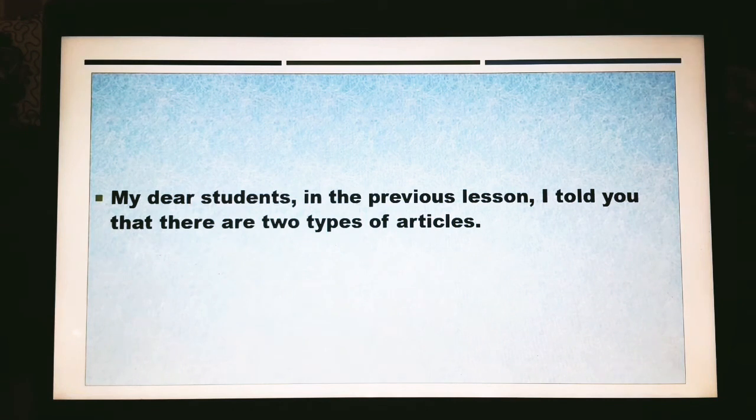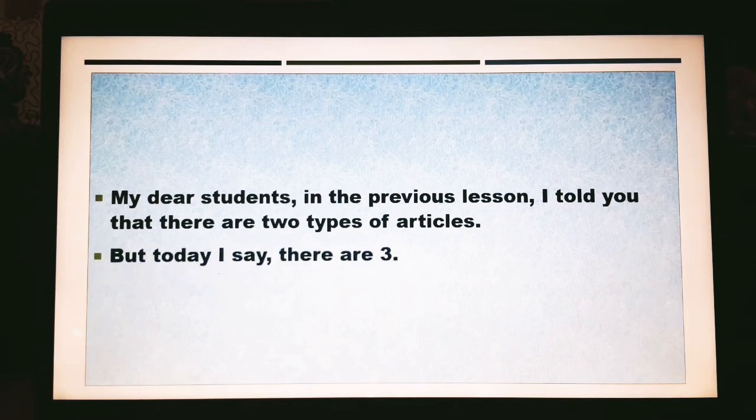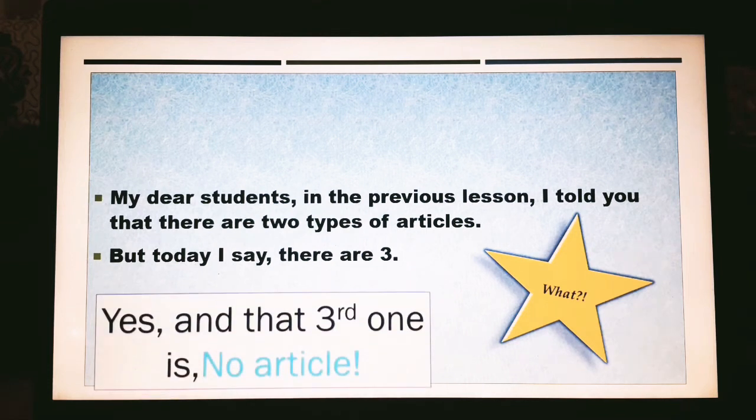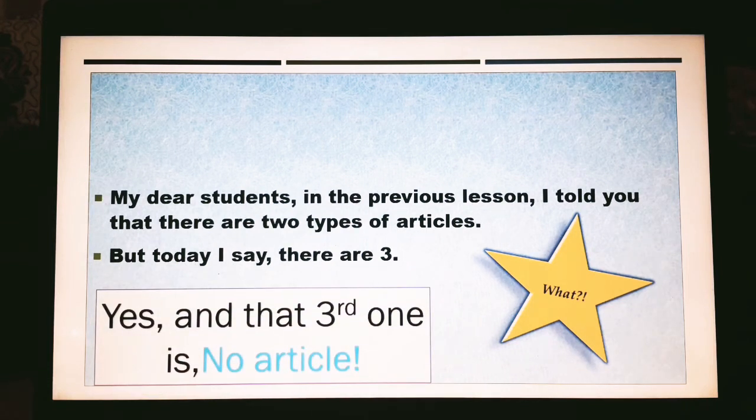My dear students, in the previous lesson I told you that there are two types of articles, but today I say there are three. You might say, what? Yes, and that third one is no article.